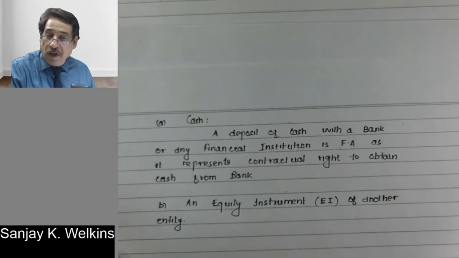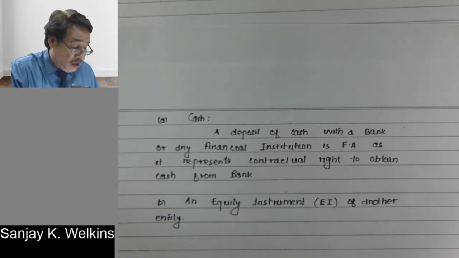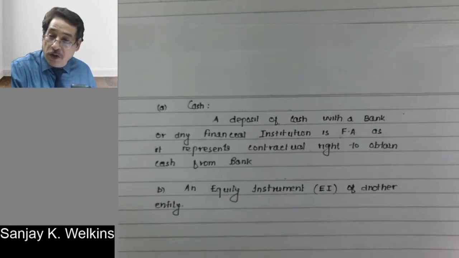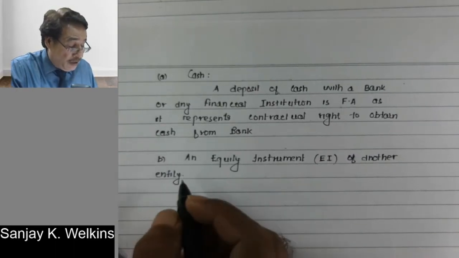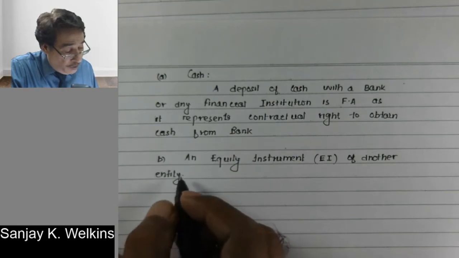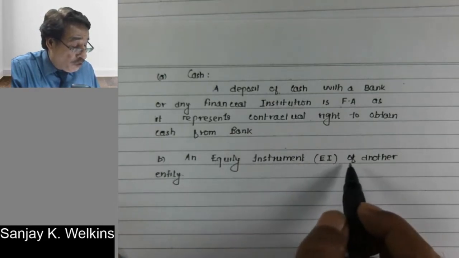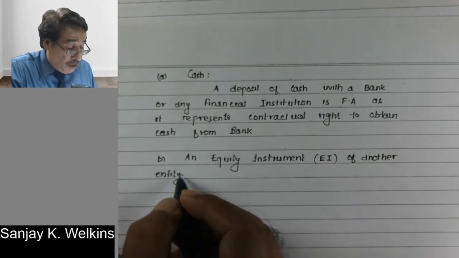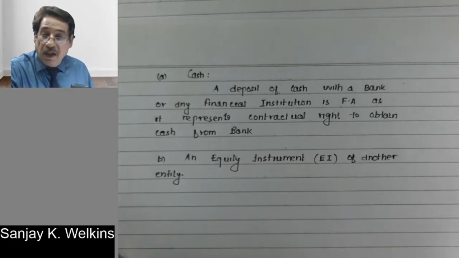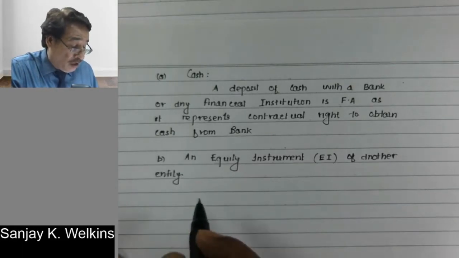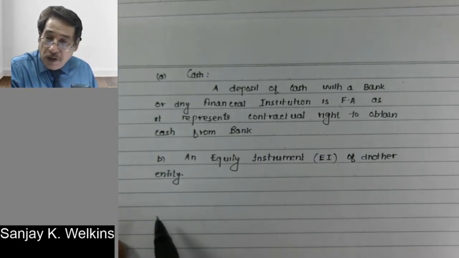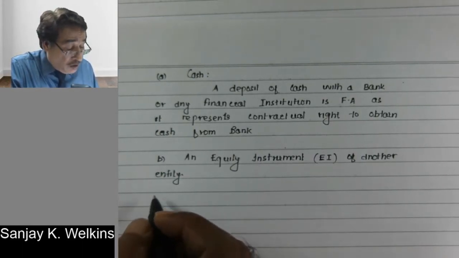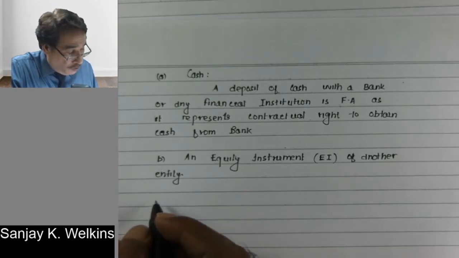As I gave you the example earlier, when we invest in another entity, it gives rise to a financial asset for the party investing, and for the entity, it is an equity instrument. Because if I have invested somewhere else, then I have the contractual right to take the cash against the same. And for the other party, it is not a liability, but an equity instrument.